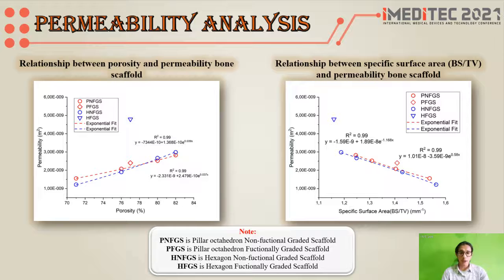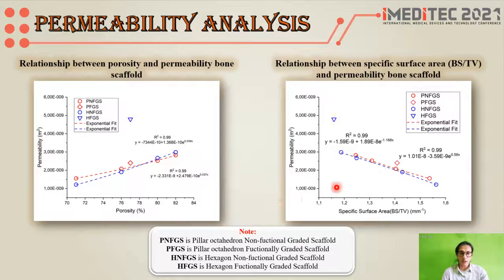For permeability analysis, this picture shows the relationship between permeability and porosity and specific surface area. The relationship is predicted using exponential regression, which indicates that increasing porosity will increase the permeability value.